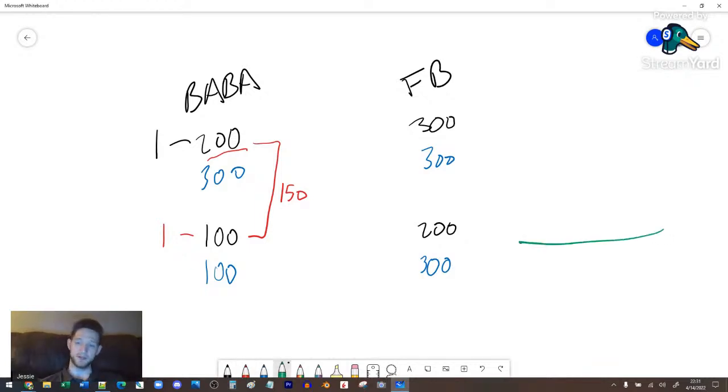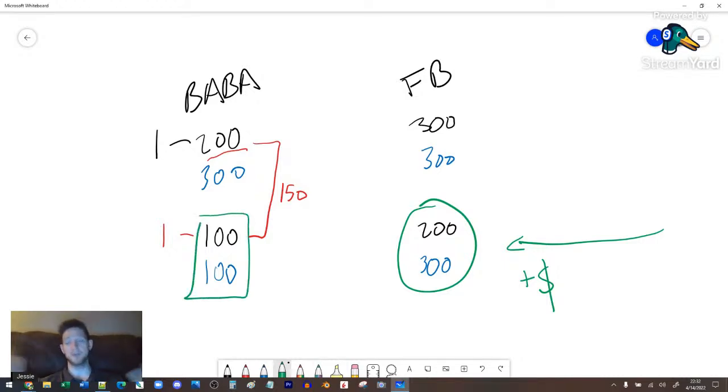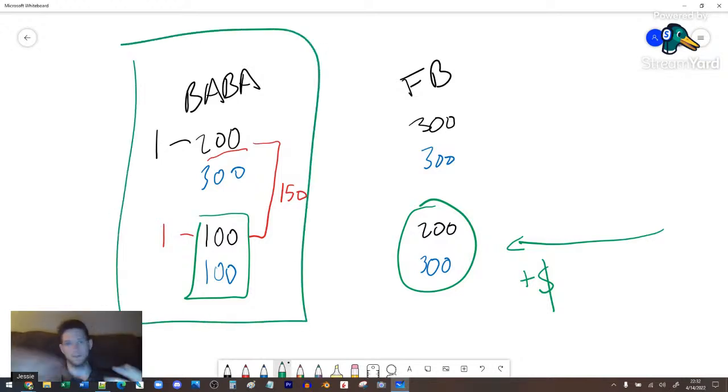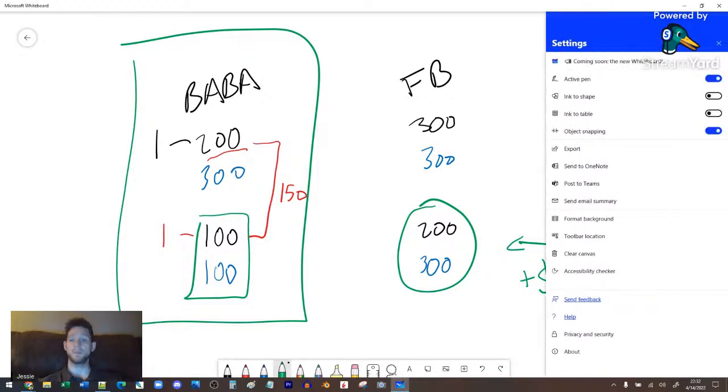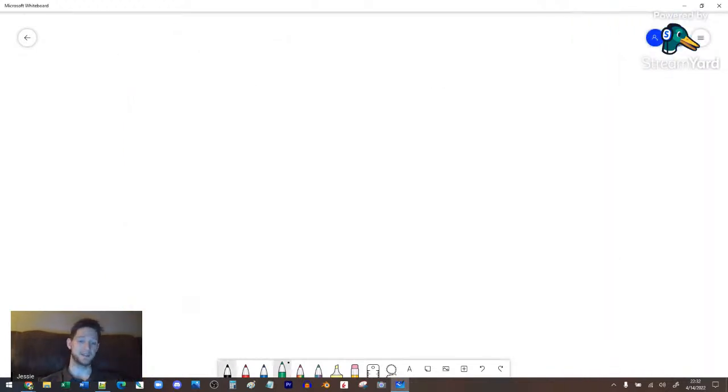Because if money entered the portfolio now, we want to put it in a place that's going to optimize our money. So we're going to put it into Facebook because it's undervalued, whereas Alibaba now we believe is fairly valued. So the right framework isn't basing it off of lowering your cost basis whatsoever, but instead by optimizing your opportunity cost. Say that three times fast.